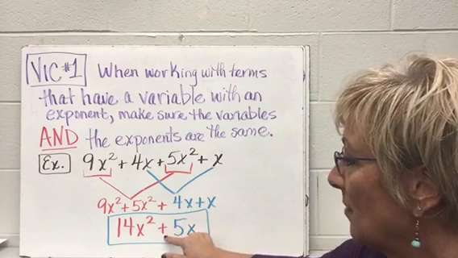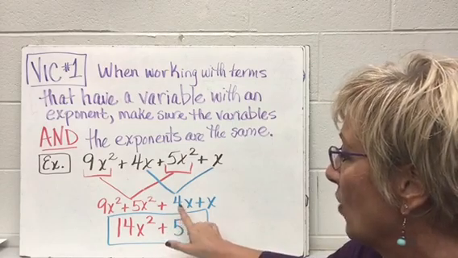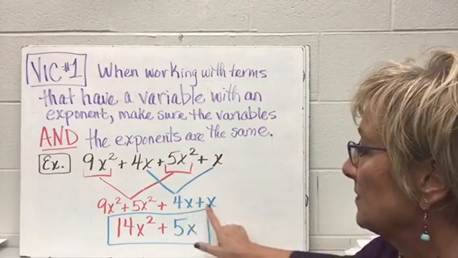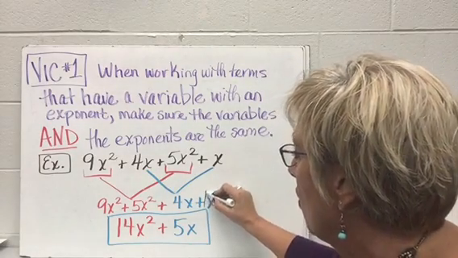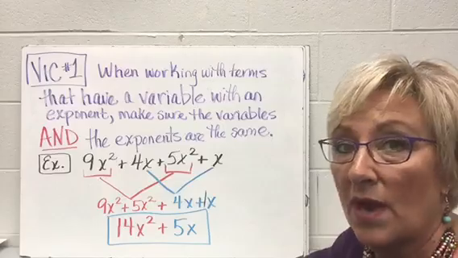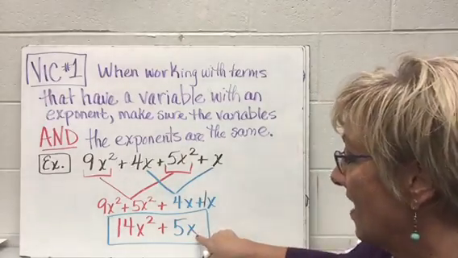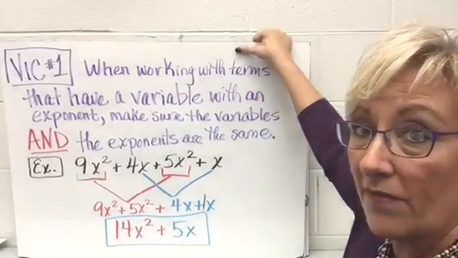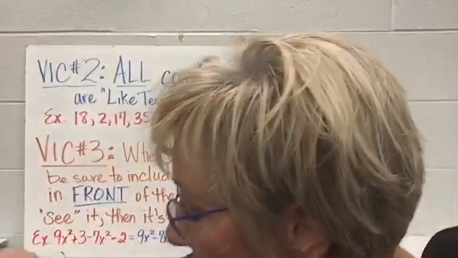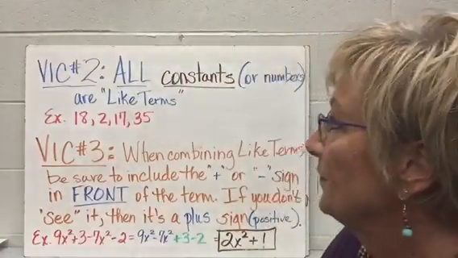Plus, I'm going to bring my plus sign down. I've got 4x plus another x, or 4x plus 1x. Don't forget we said anytime you have just a variable, 1 is the coefficient. So 4x plus 1x is going to give us 5x. So you keep the variable, and you add or simplify the coefficients.